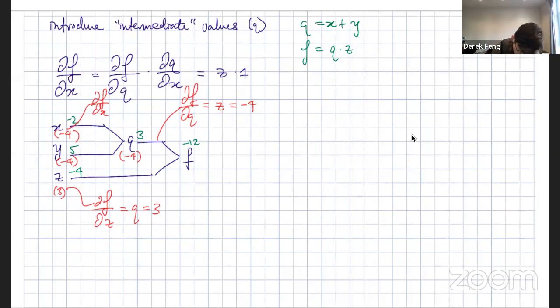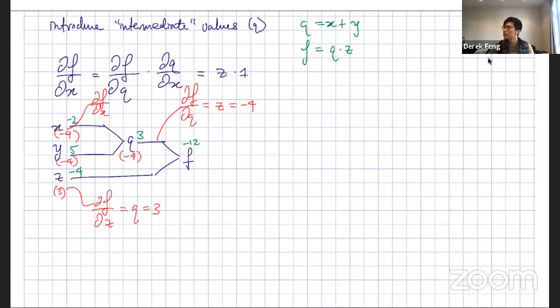Again, if 3 here becomes 2, then 2 times -4 would be -8, and so this would be increasing as well. So the gradients tell you, as expected, in which direction you want to move to increase your f.